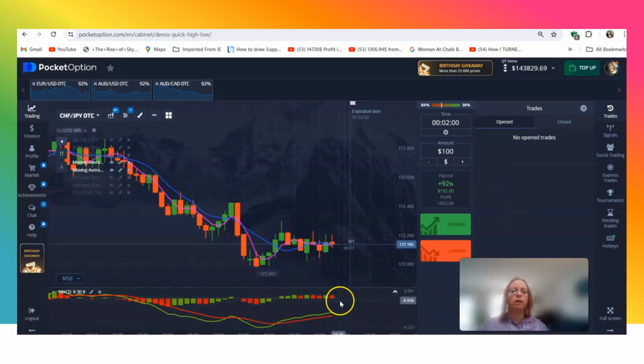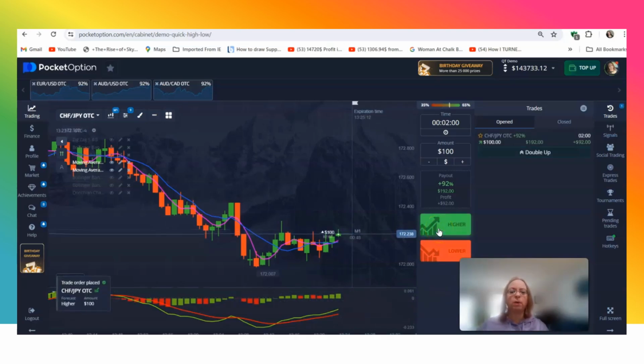But if the histogram is going above the 0 and it's continually gradually going up, like each one is higher than the previous one, then most likely the trend is going to continue. And I'm going to go ahead and get into a trade right here because I believe that the trend is going to continue. And we will see what happens.